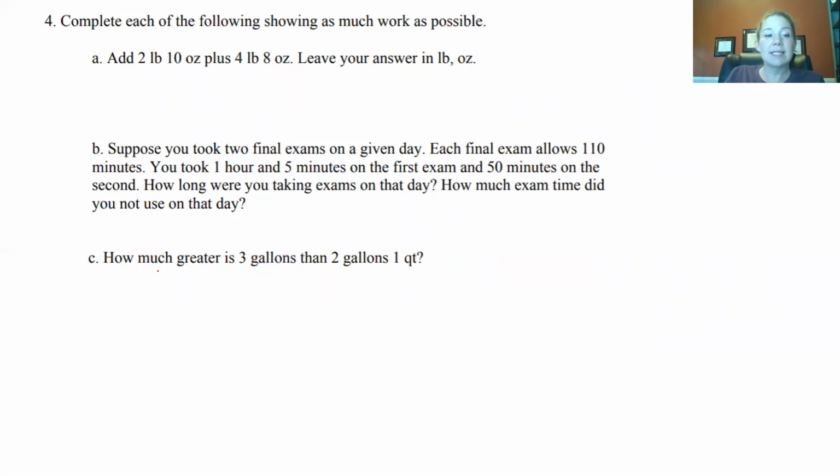So 3 gallons is equal to 12 quarts. So 2 gallons is going to be 8 quarts plus the 1 extra is 9 quarts.